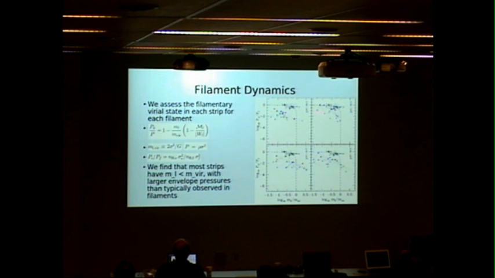And on this figure, I show where each strip lies on this Fiege-Pudritz diagram, where the solid triangles are the dense gas only, the solid squares are the inner filament, and the open squares are the outer filament. Generally, what we see is most strips have mass per unit length less than the virial mass per unit length, and we see very small ratios of the envelope pressure to the filament pressure.